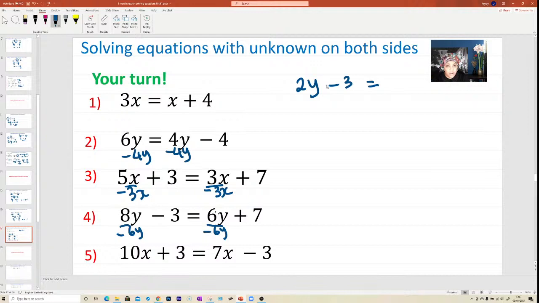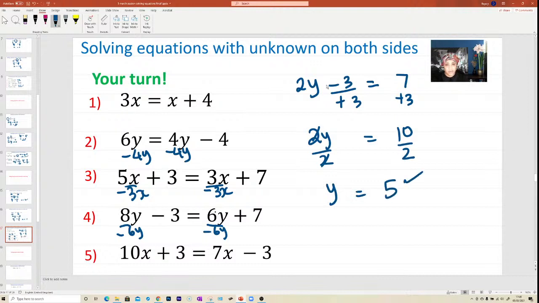And then we have a positive 7. Now we need to get rid of the negative 3. So we need to add 3 on both sides. So now we have 2y, that's going to 0 now, equals 7 plus 3 is 10. We divide by 2 on both sides. This and this cancels. So we got y equals 5.